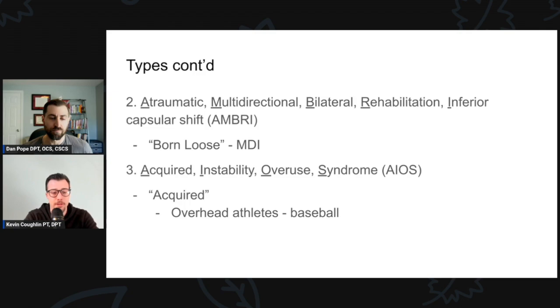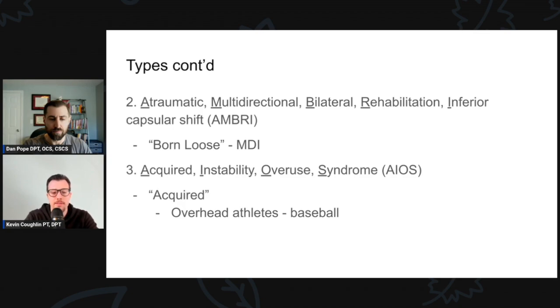At least we definitely want to start there, and then we can consider if this isn't working. A lot of times surgeons will do a procedure like a capsular shift to tighten up the capsule a little bit. That's something we'll get into in terms of rehab and how we approach that. But again, an unstable shoulder, but a different presentation from that traumatic type instability.